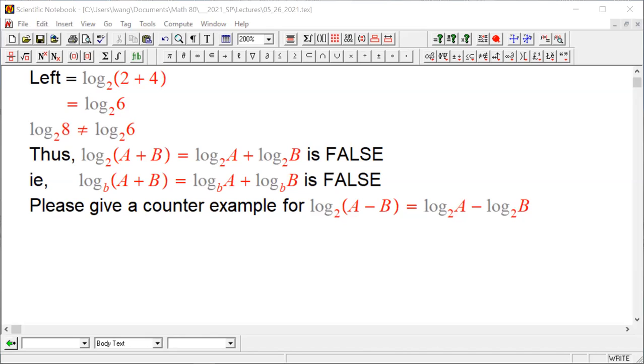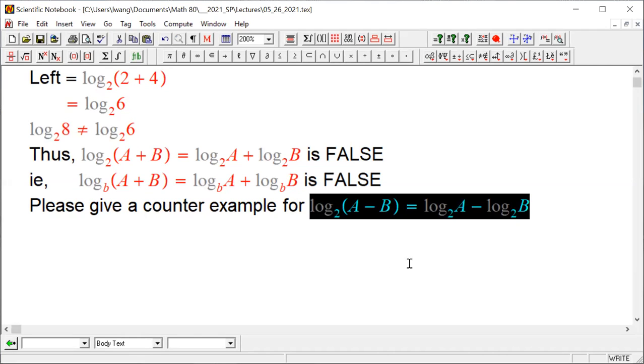Alan, Marcelo, any one of you like to contribute a counterexample to counter this other case?